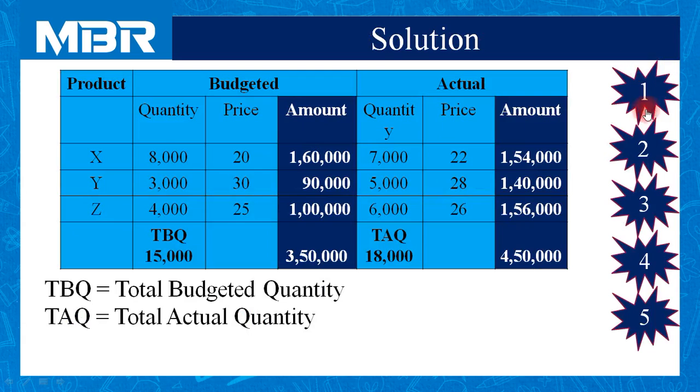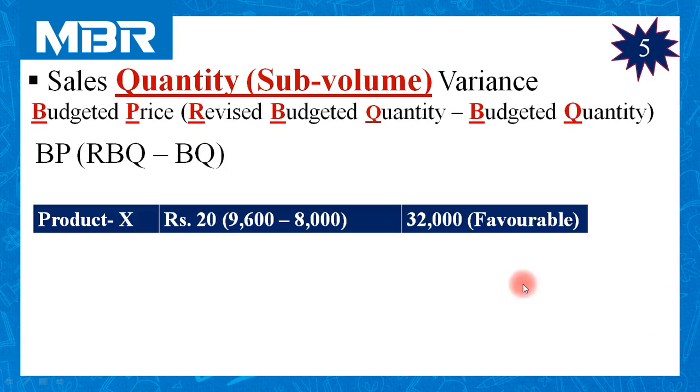So using this information, we need to calculate sales quantity or sub-volume variance. Rupees 20, revised budgeted 9,600, budgeted 8,000. As compared to budgeted quantity, revised budgeted quantity is greater, higher or more. So the difference is favorable, 32,000.